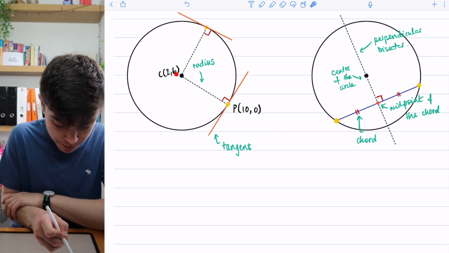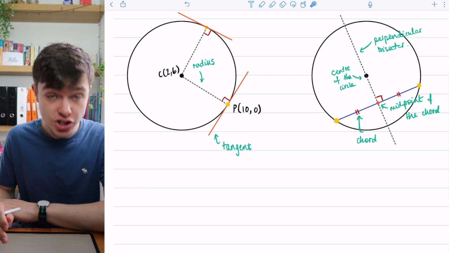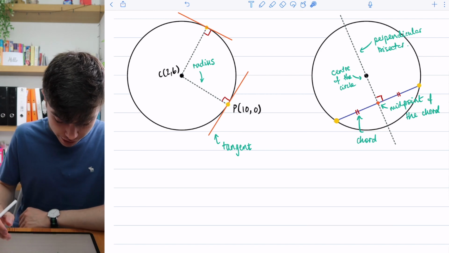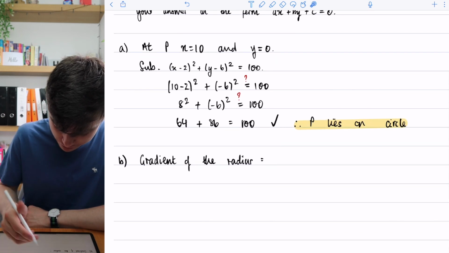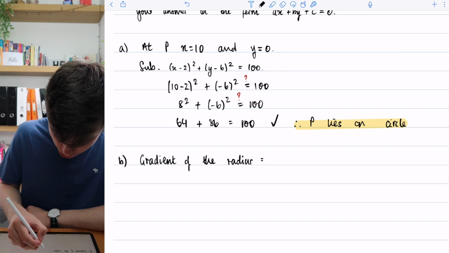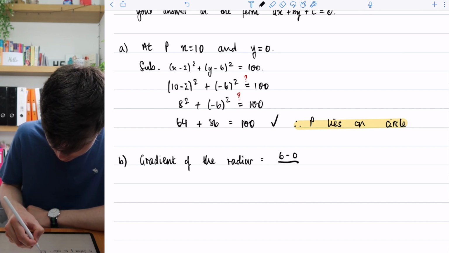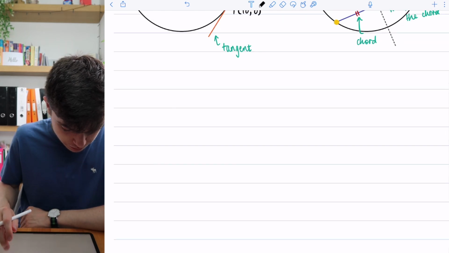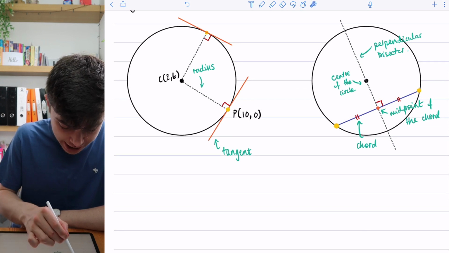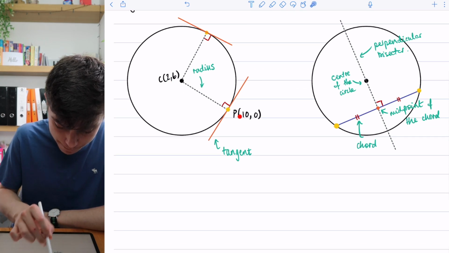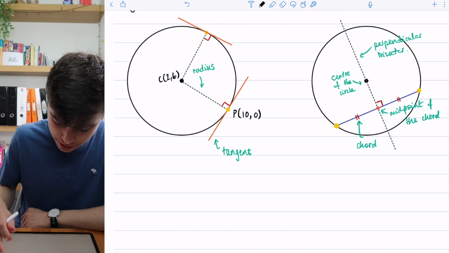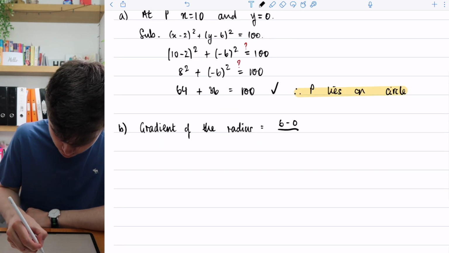So the change in y is going to be 6 minus 0 on the top. Then on the bottom, we will have the change in x, which is 2 minus 10.